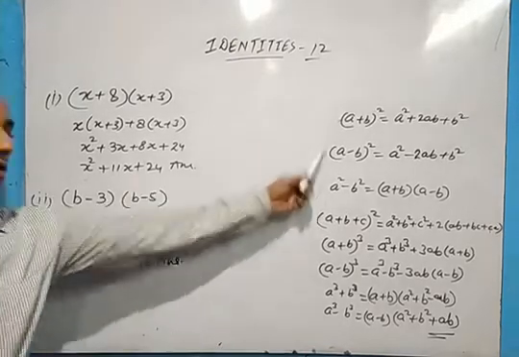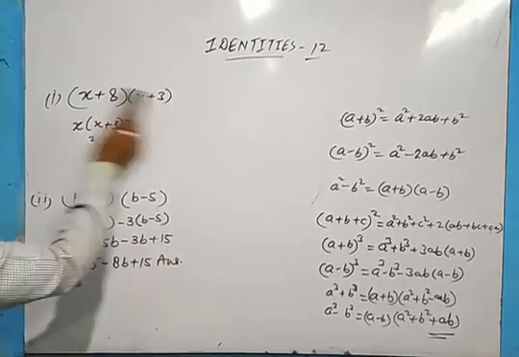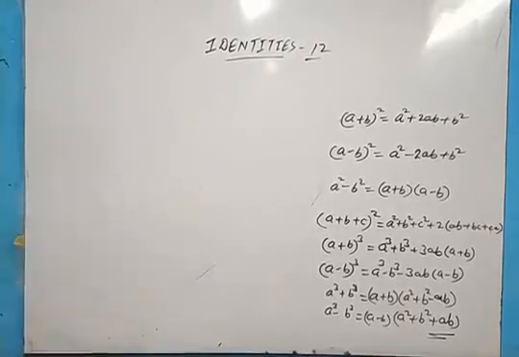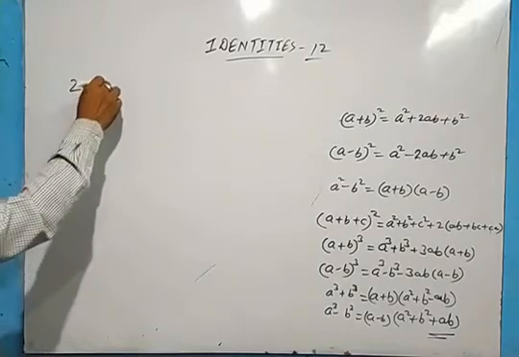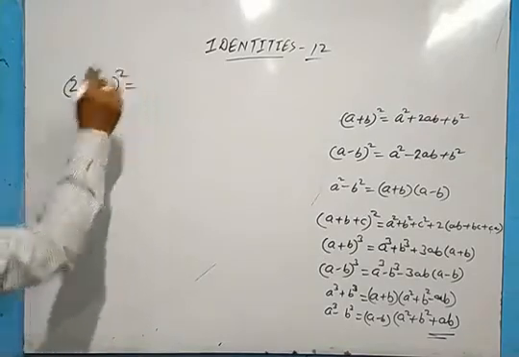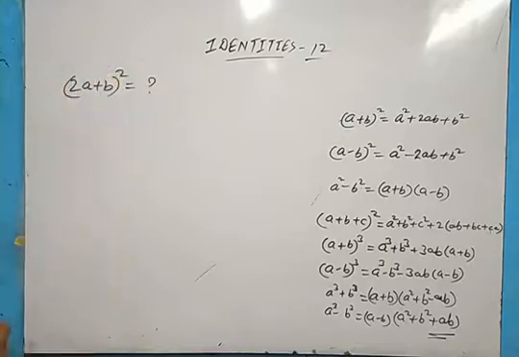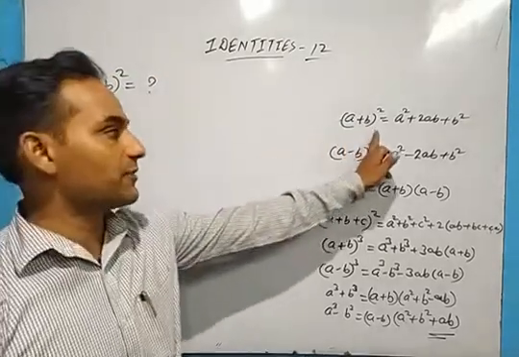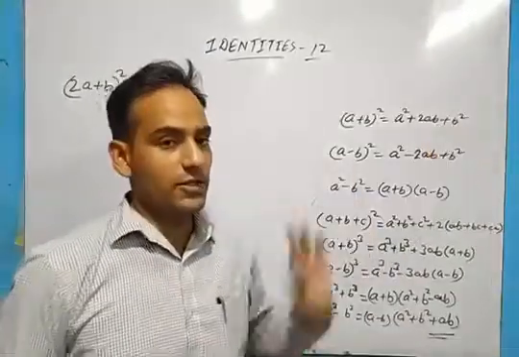Now questions based on these formulas. In your book, the question written here is: expand (2a + b) whole squared. We have to expand it. We already know the formula (a + b) whole squared is a squared plus 2ab plus b squared.